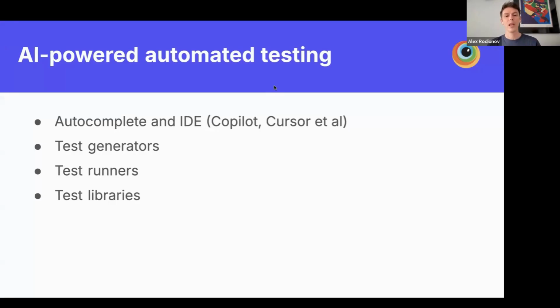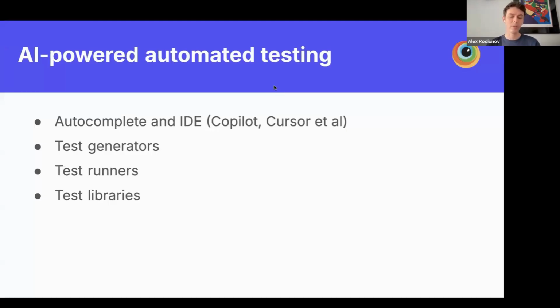You write your tests and you want to make it faster, so you can use general-purpose auto-completions and IDEs like Copilot, Cursor, Windsurf, things that would just allow you to iterate faster and provide auto-completion and changes to the source code at the speed of your thought, or even anticipating your thought.